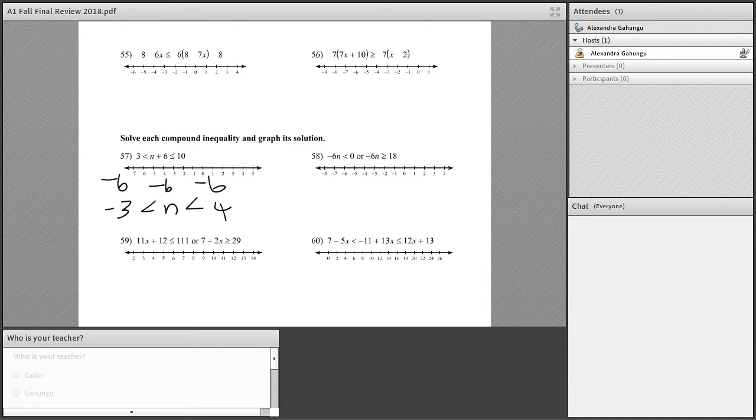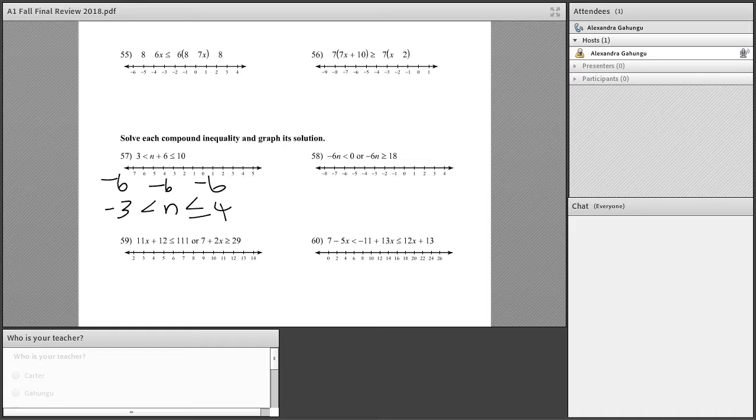And when we have this compound inequality, we're saying that -3 is less than n, which is less than 4. So n is in between -3 and 4. A number that makes this true would be something that's literally in between -3 and +4.